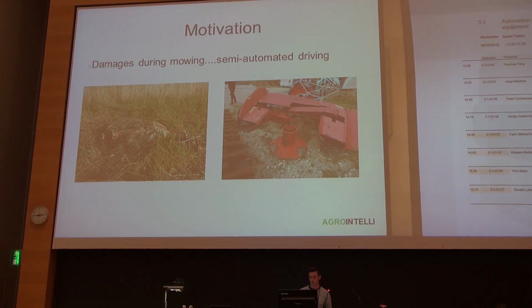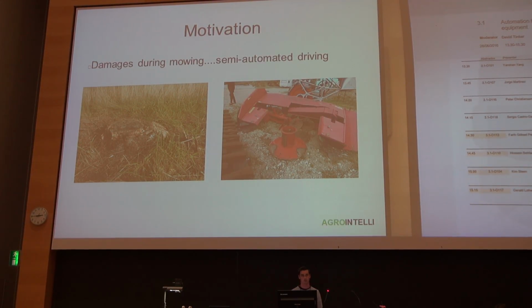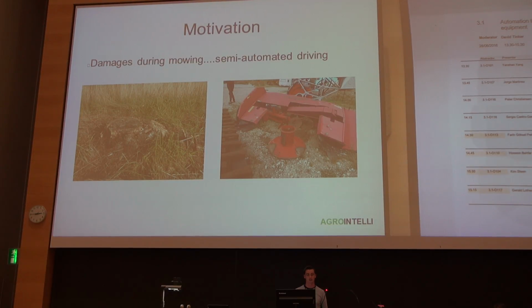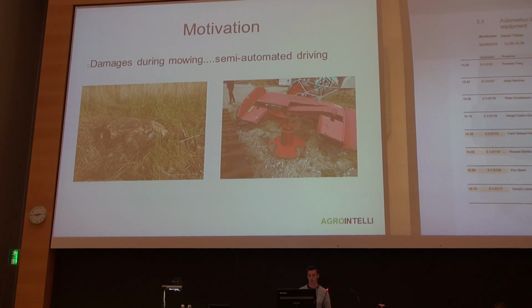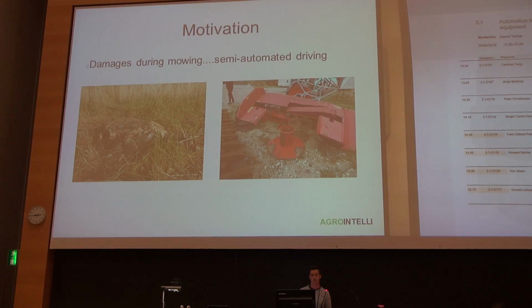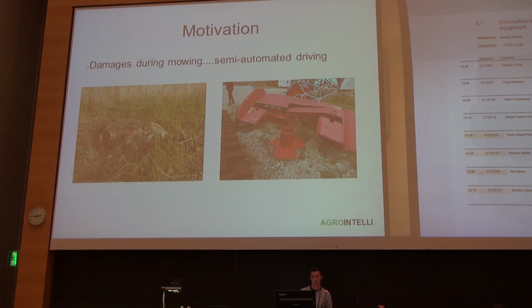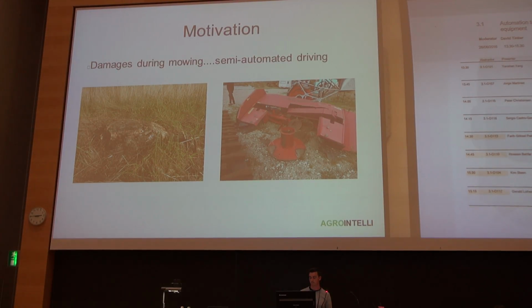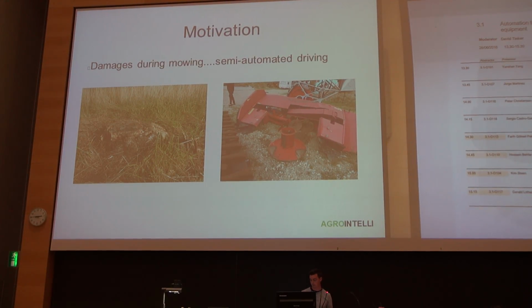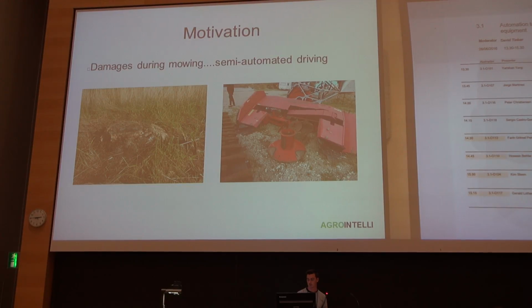But as a supplier to the agricultural industry, we would also like to protect our equipment. And this is what happens when we're mowing and we're not seeing this fairly large obstacle, but it's very low, and the machine got heavily damaged by not avoiding that.